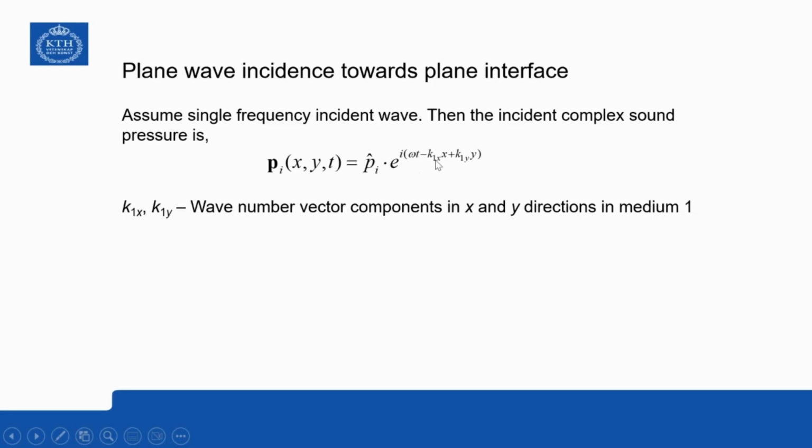And then it turns out that for a given direction, we have wave number components, kx and ky, that express the wave pattern in the x and y directions. So these are so-called wave number vector components in x and y directions in medium 1.